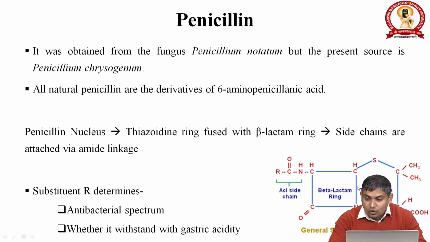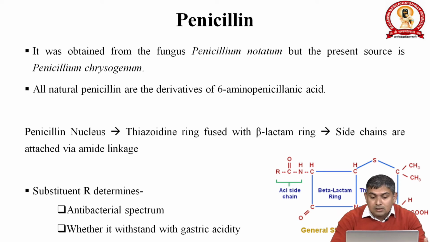Nitrogen is numbered 4. Then we come to the 5th numbered carbon, present at the junction of these two rings, and the 6th carbon atom has an amino substitution, or basically an amide substitution, and this ketonic group is represented by the 7th position.